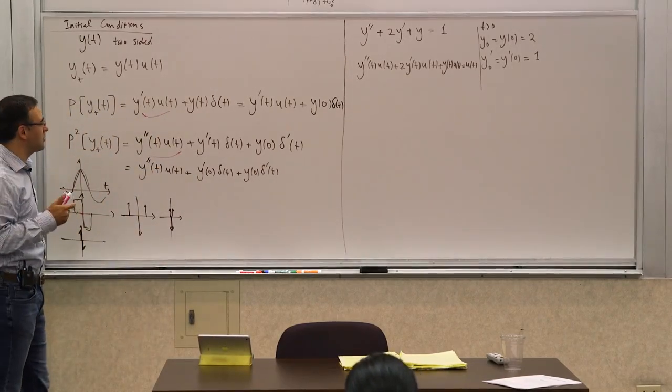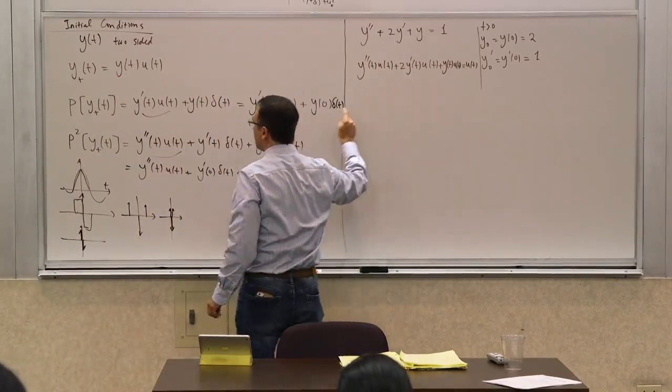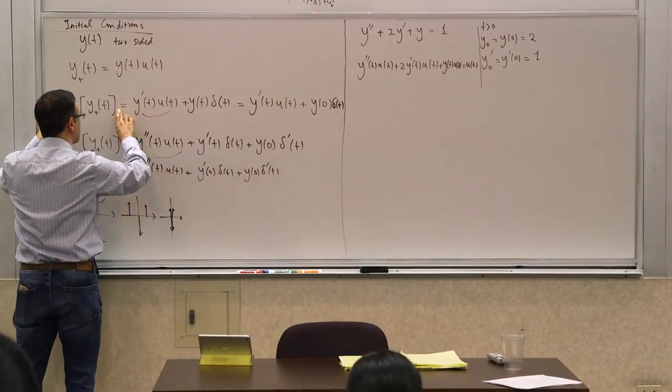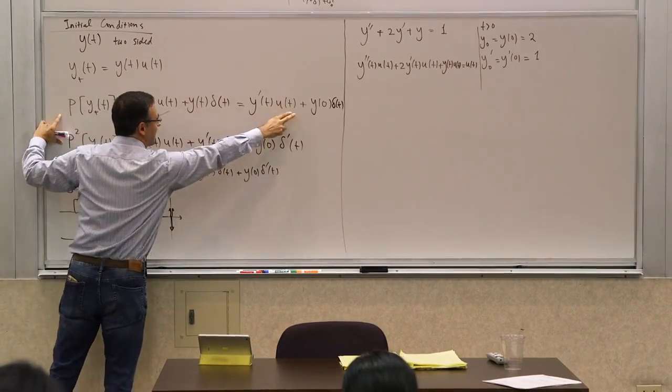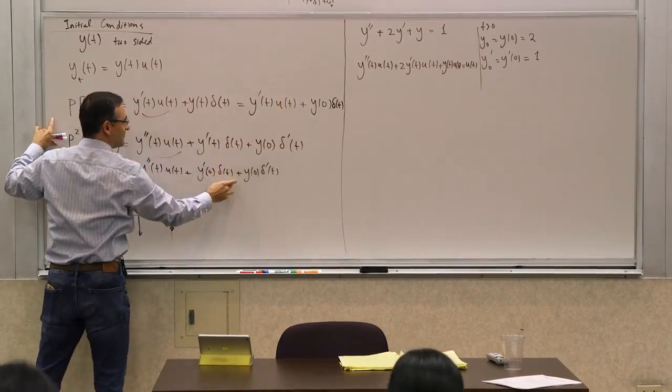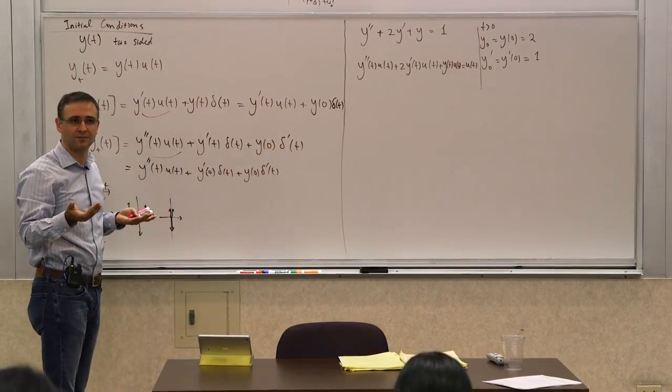So what this allows me to do is to express these two in terms of the one-sided function, minus these things that depend on the initial condition. So that's what we are going to be doing.